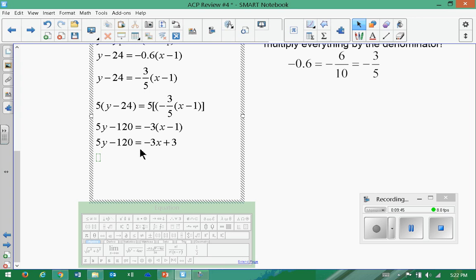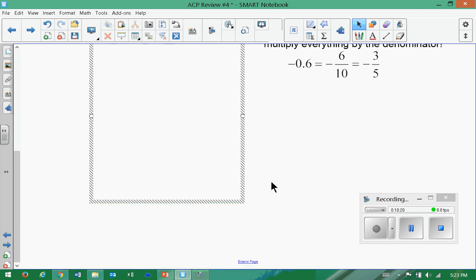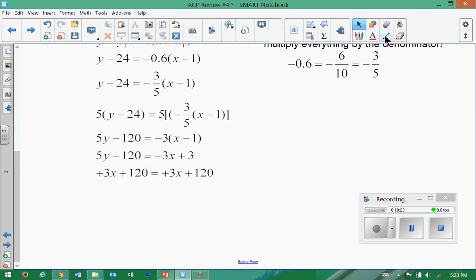So what I'm going to do is add 3x to both sides, and add 120 to both sides. I'm kind of combining a step here. See that I'm adding this to both sides.